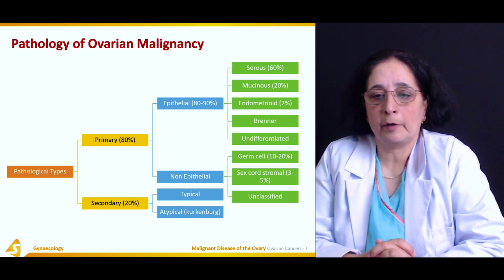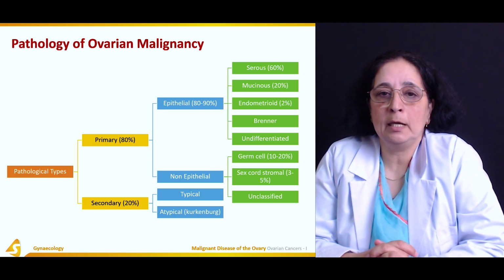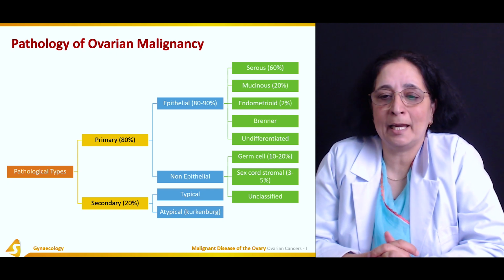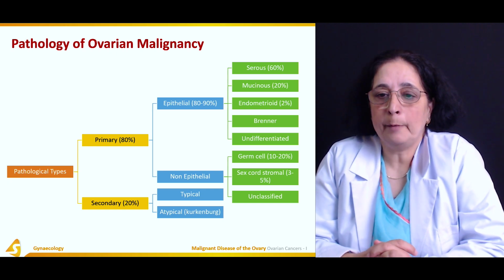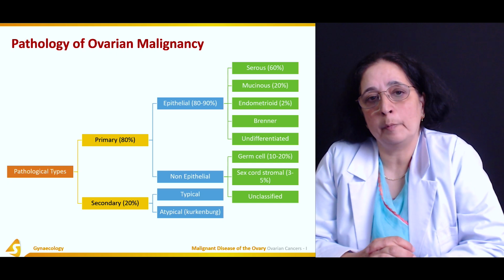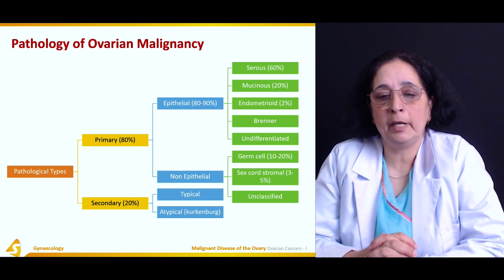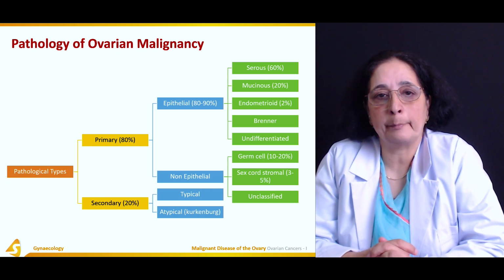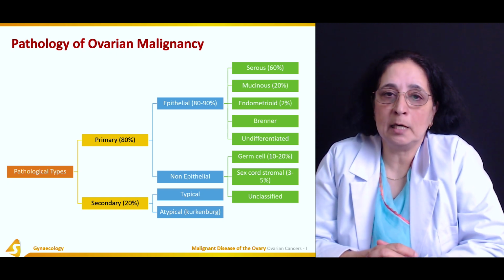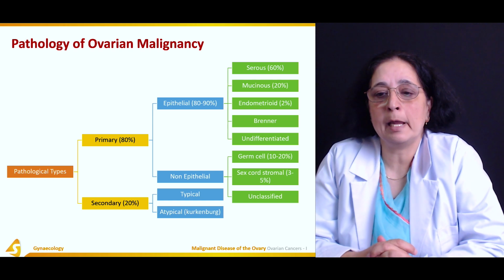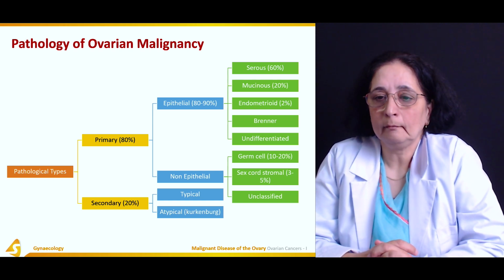The two main types of primary ovarian cancer are epithelial and non-epithelial. Epithelial is very common: about 80 to 90% of primary ovarian carcinomas are epithelial, and only about 10% are non-epithelial.